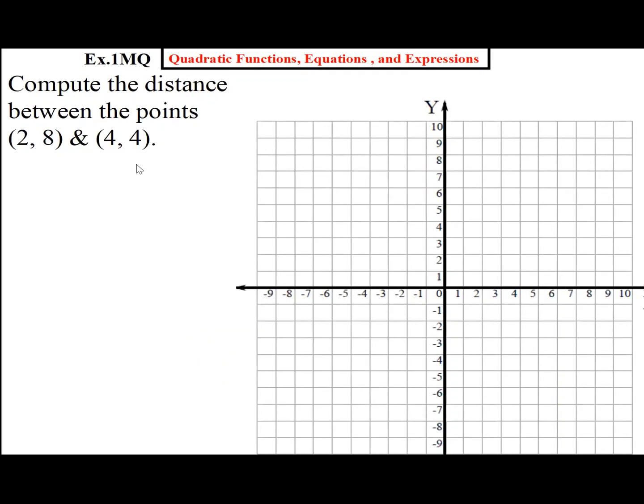Now, mind you, right now we're using the Pythagorean theorem, but where I'm heading with this is the distance formula. And we'll get there in a little bit, but I just want to give you some practice with this. Once again, example 1 mega cube reads, compute the distance between the points (2, 8) and (4, 4).